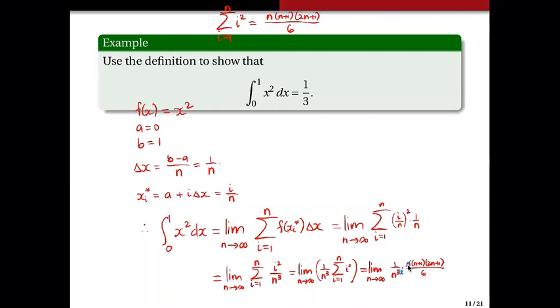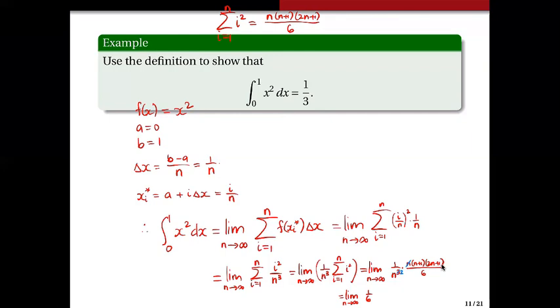Then you have the limit as n approaches plus infinity. The 1 over 6, I'll just put outside. And the n squared, I'll put one of the n's together with n plus 1 and the other n with your 2n plus 1.